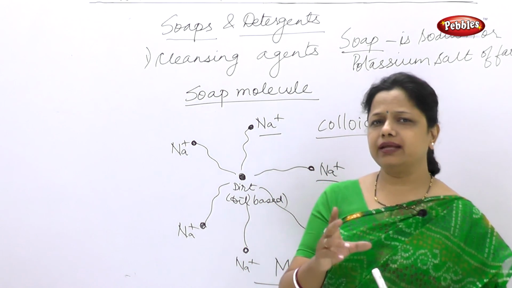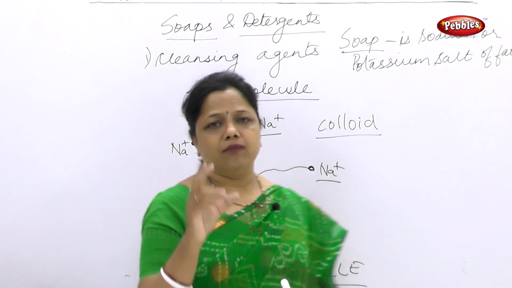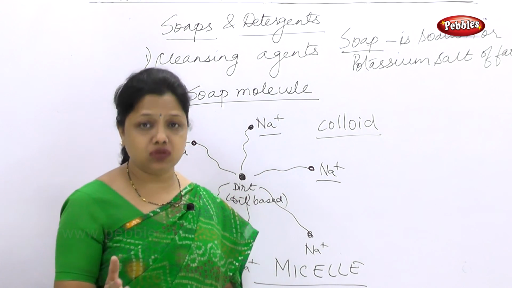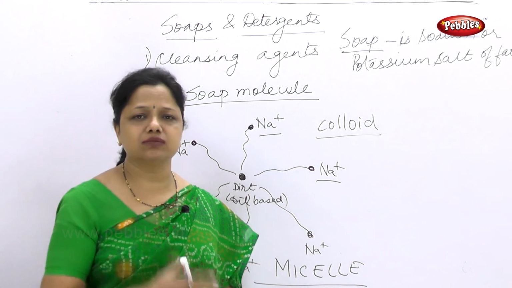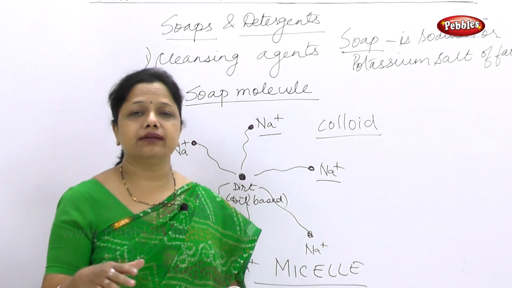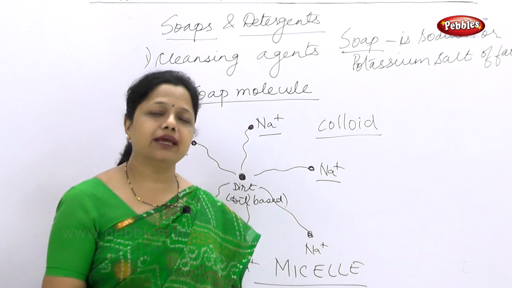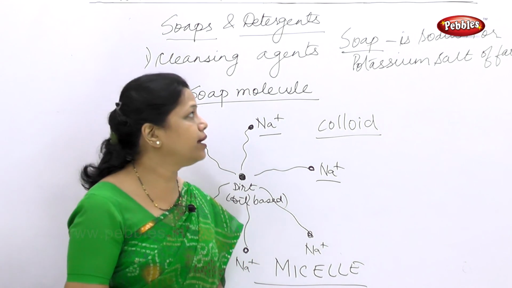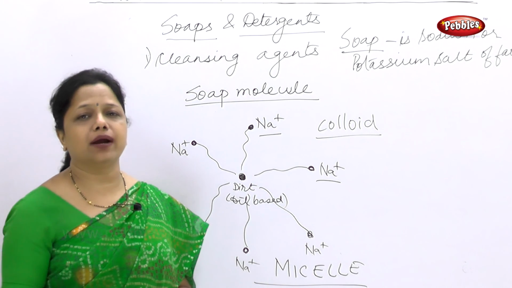Hard water contains some magnesium and calcium salts, and that does not form colloid, they form precipitate and they settle down, and that is why they form the insoluble part.